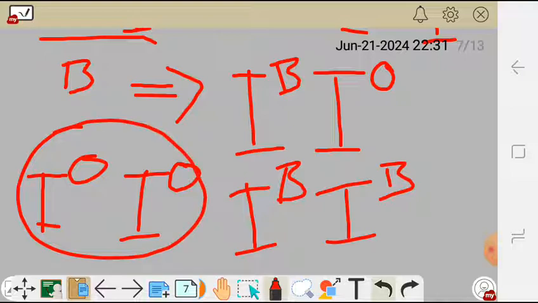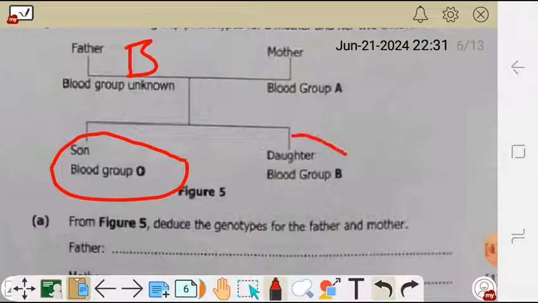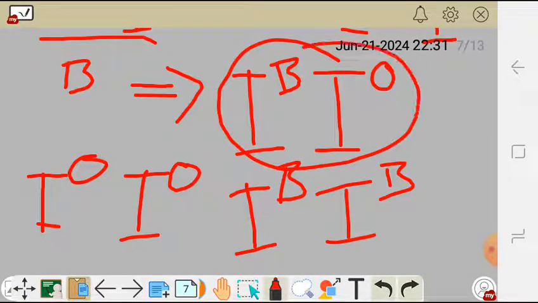So for you to have a son or a daughter with blood group O, you must have that O in your blood. So the possible genotype for the father, since on this side we have a daughter with blood group B, the only possible one is this one. That is the genotype.